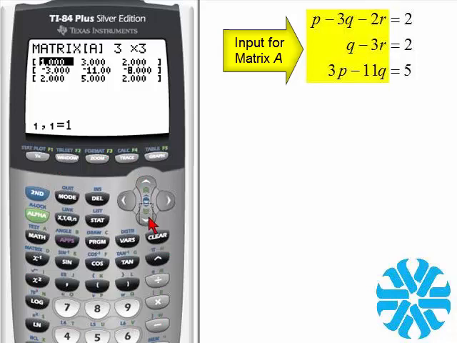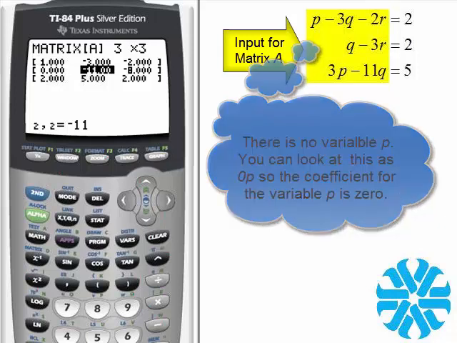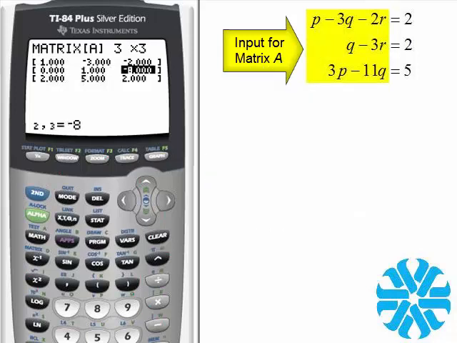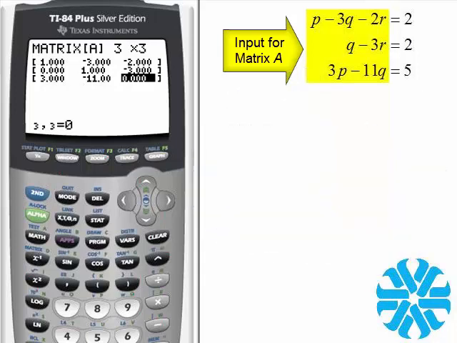Okay, so we have 1 for our first entry, then -3, so let's move over, -3, then -2, and then we have 0p, so select enter, and we have 1q, then -3r, and we have 3, and then -11, and we don't have any r value, so 0. Okay, so here's our 3 by 3 matrix.